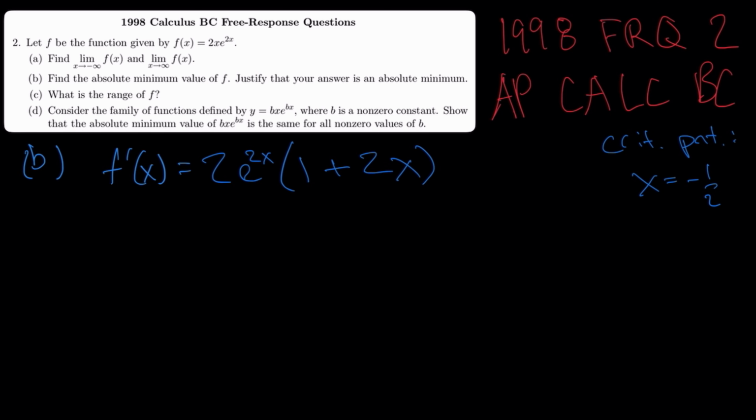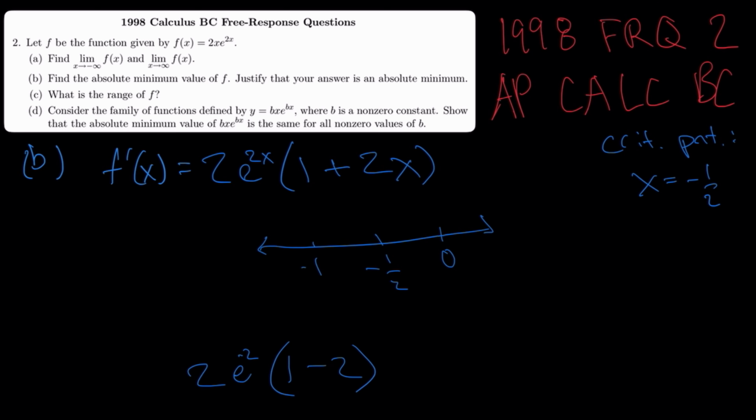So let's examine the derivative at those points before and after. So I can just make a number line real quick. I have negative 1/2, and let's analyze at negative 1 and 0. So at negative 1, we will simply have 2e to the negative 2, which is still a positive number, multiplied by 1 minus 2, which will be negative.